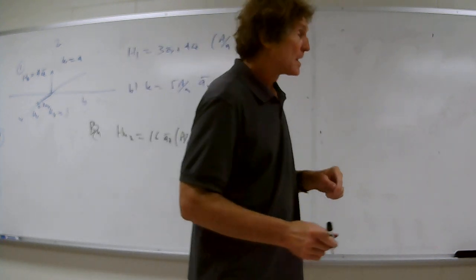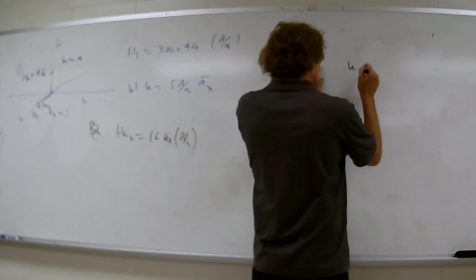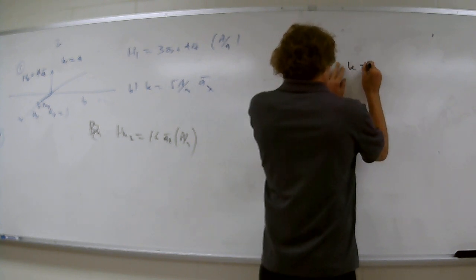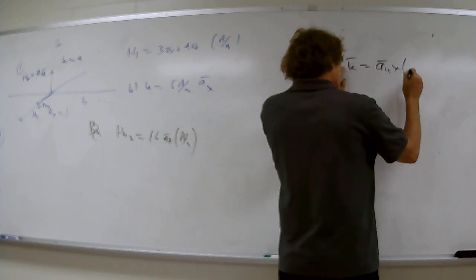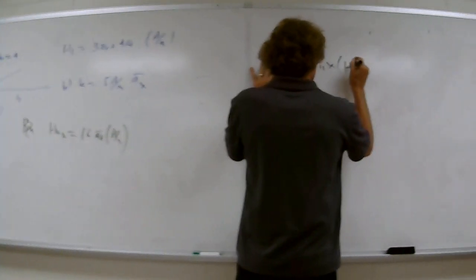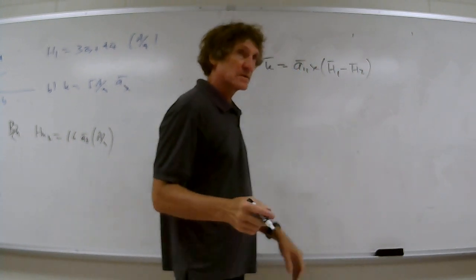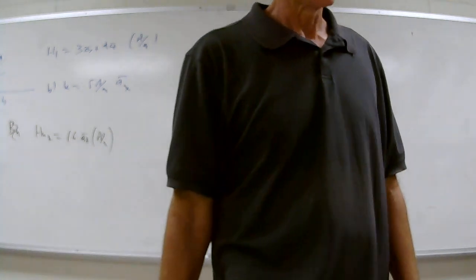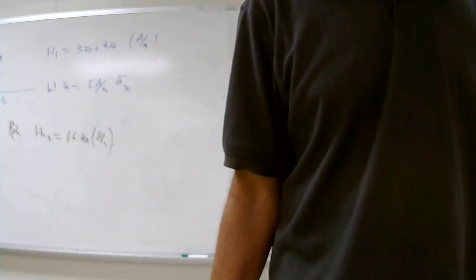Y'all with me? So what I'm going to do is say the surface current density K is equal to A21 crossed into, and the way he has it is going to be H1 minus H2, I believe, in the way he does it in the book. Take a look at that for a second. Yeah, he has H1 minus H2. Y'all with me, class? Yes.